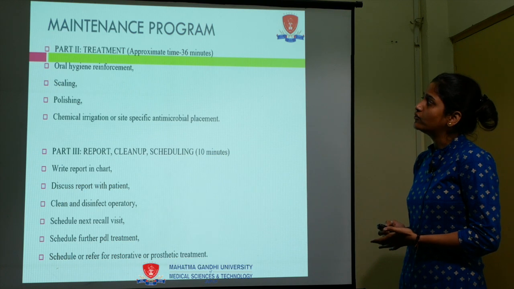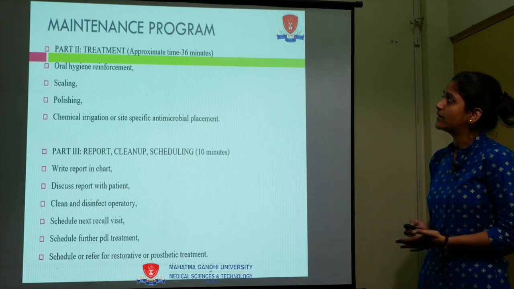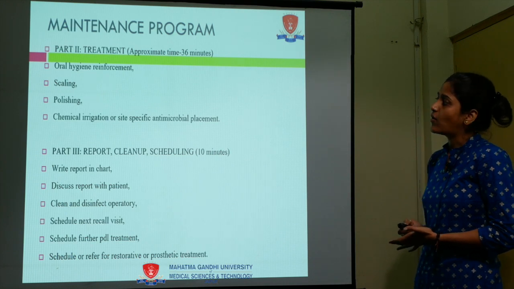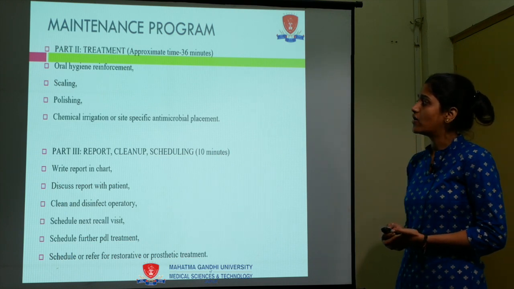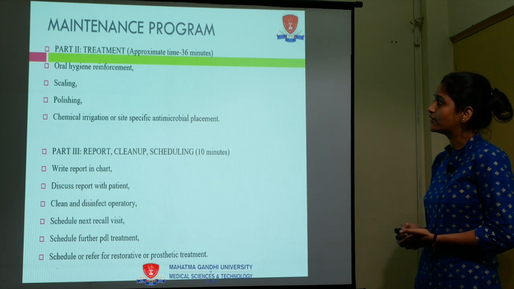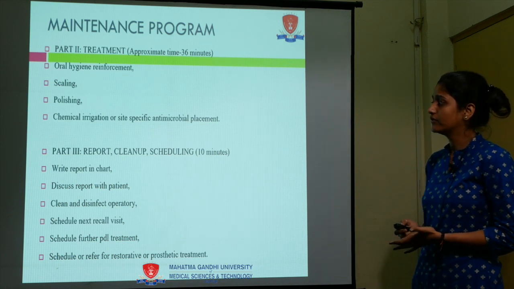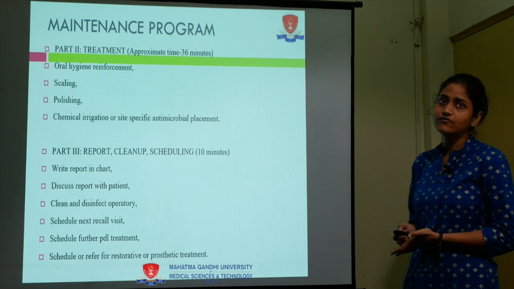Coming to part 2, treatment, approximately 36 minutes: oral hygiene reinforcement, scaling, polishing, chemical irrigation or site-specific antimicrobial placement. Then there is part 3, report, cleanup and scheduling, which takes 10 minutes.